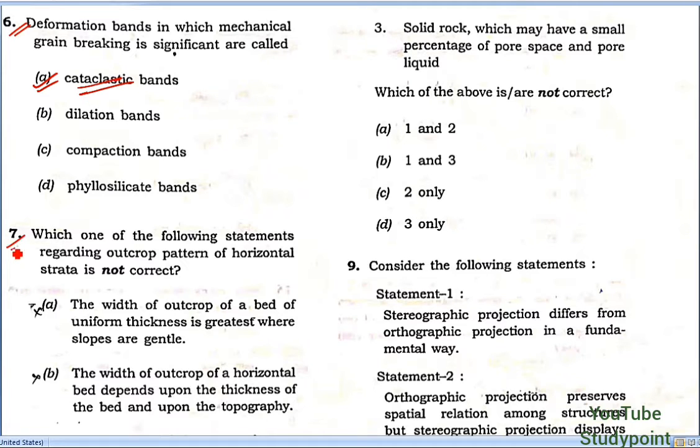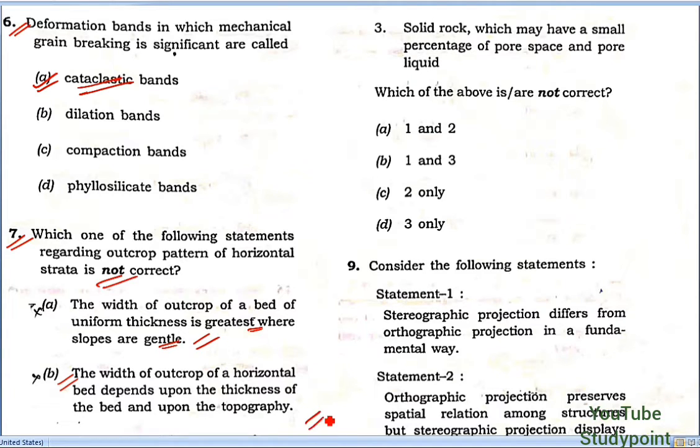Next, question number 7. Which one of the following statements regarding outcrop pattern of horizontal strata is not correct? Let's see the options. The width of outcrop of a bed of uniform thickness is greatest where slope is gentle. This is right. B. The width of outcrop of a horizontal bed depends upon the thickness of the bed and upon the topography.